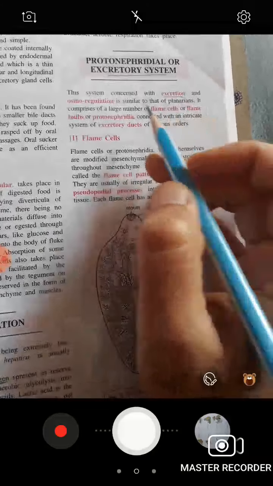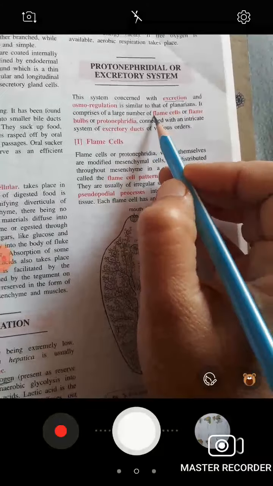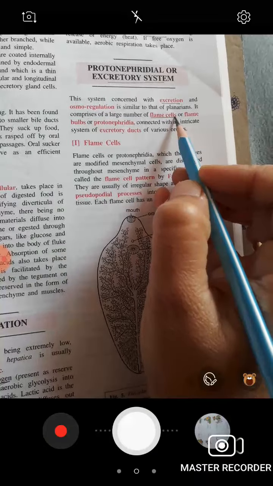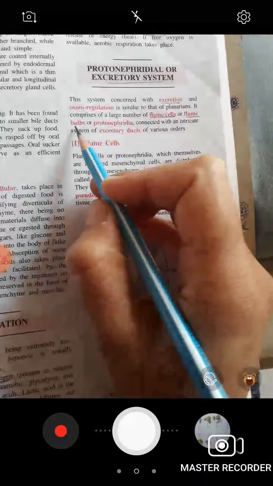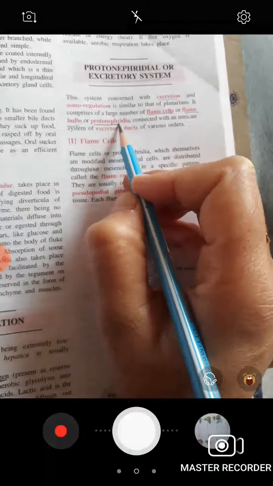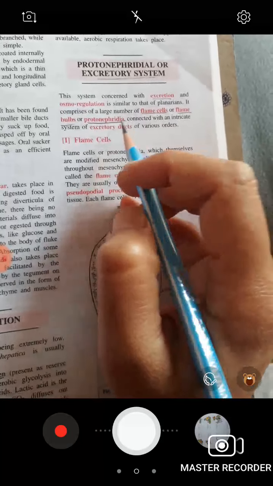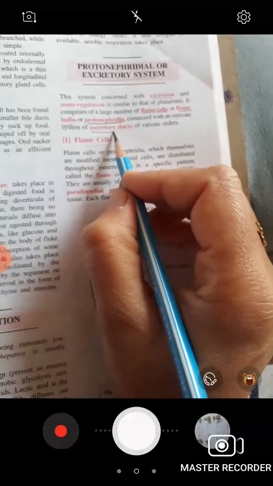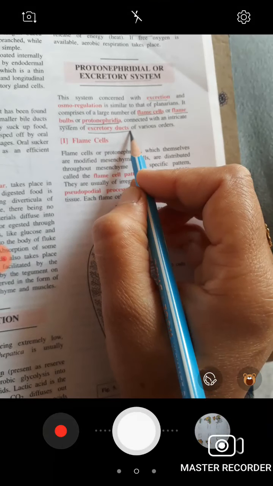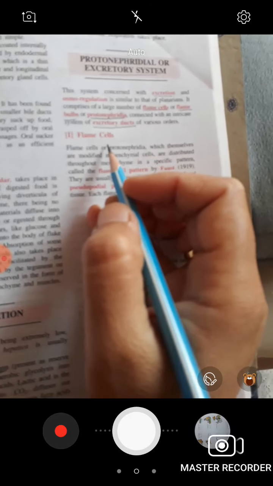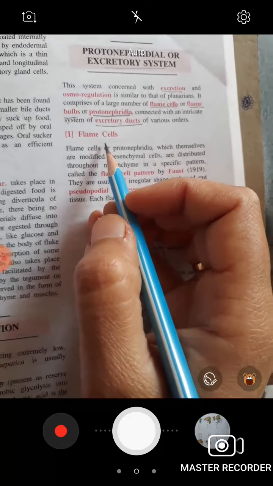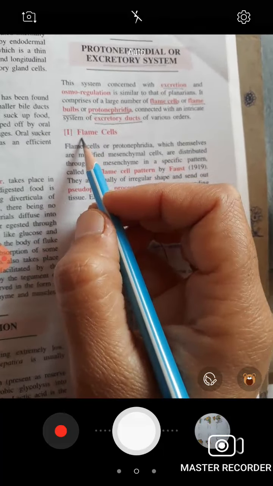It comprises a large number of flame cells, or flame bulbs, or protonephridia. These all are connected to a system of excretory ducts of various orders. So one by one we will discuss all these parts present in the excretory system.